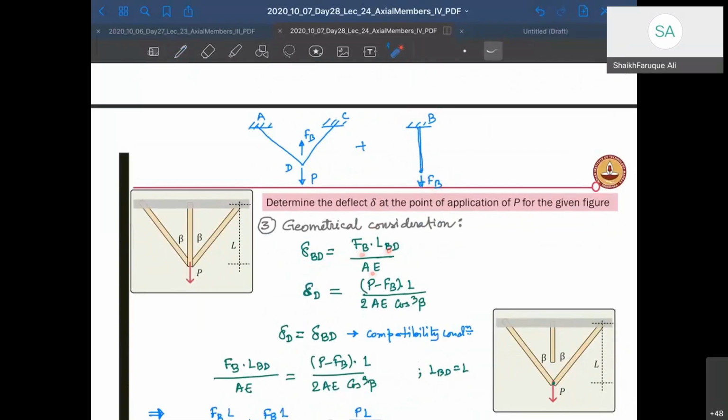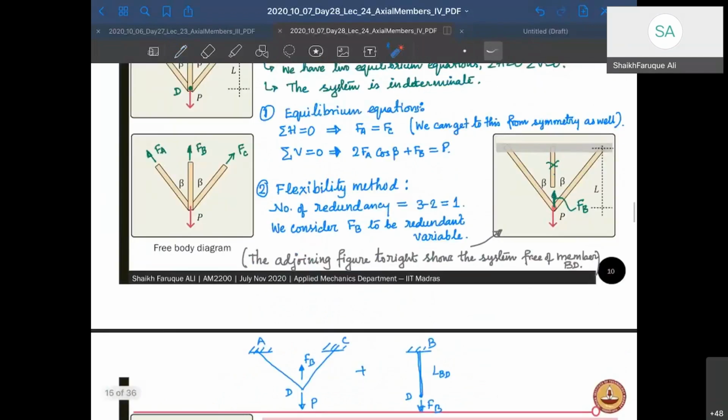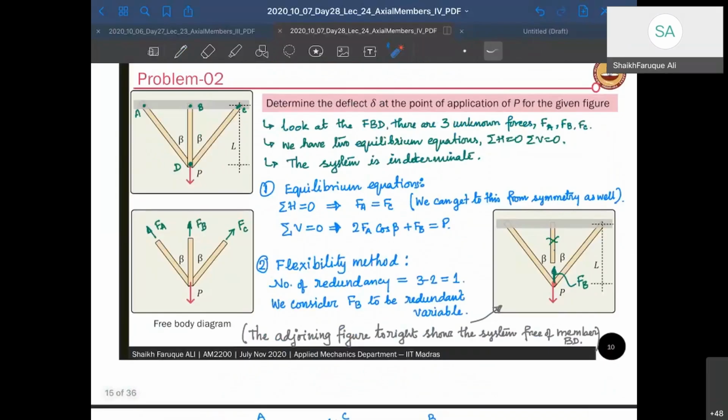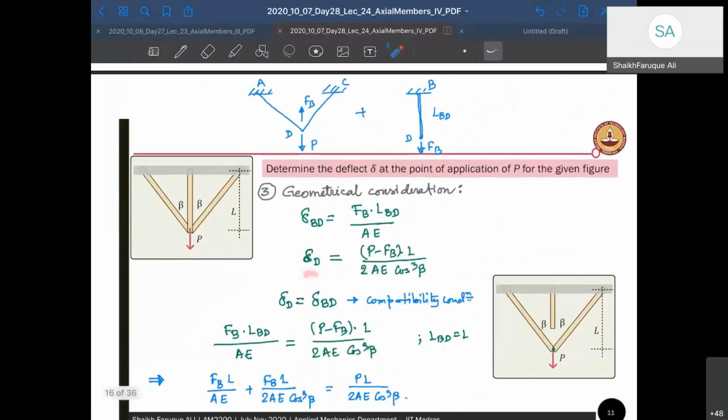This is LBD, B and D. For the other problem, we have solved it already in the last classes. The delta is going to be (P minus FB) L by 2AE cos cube beta. Check from your assignment or last class.